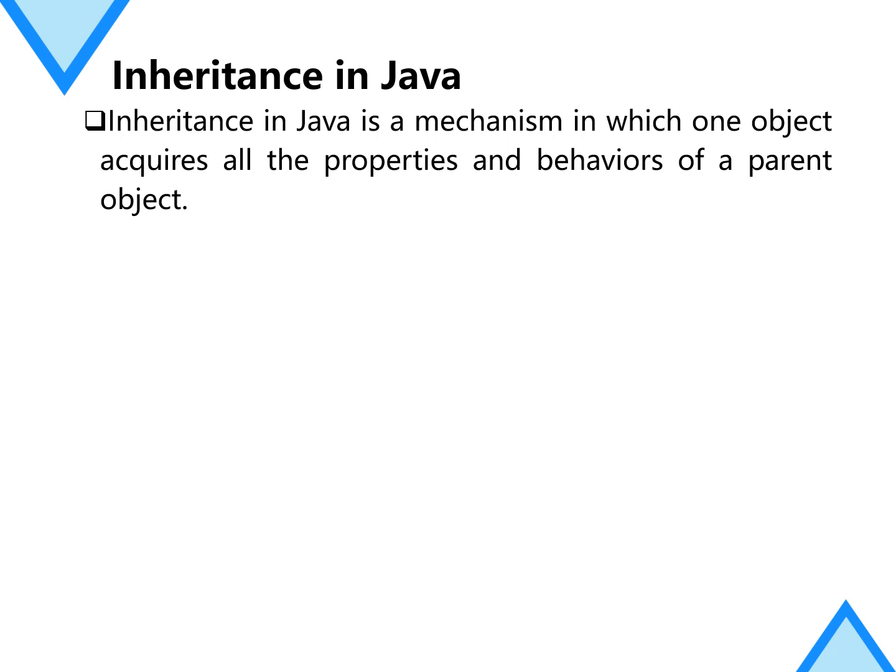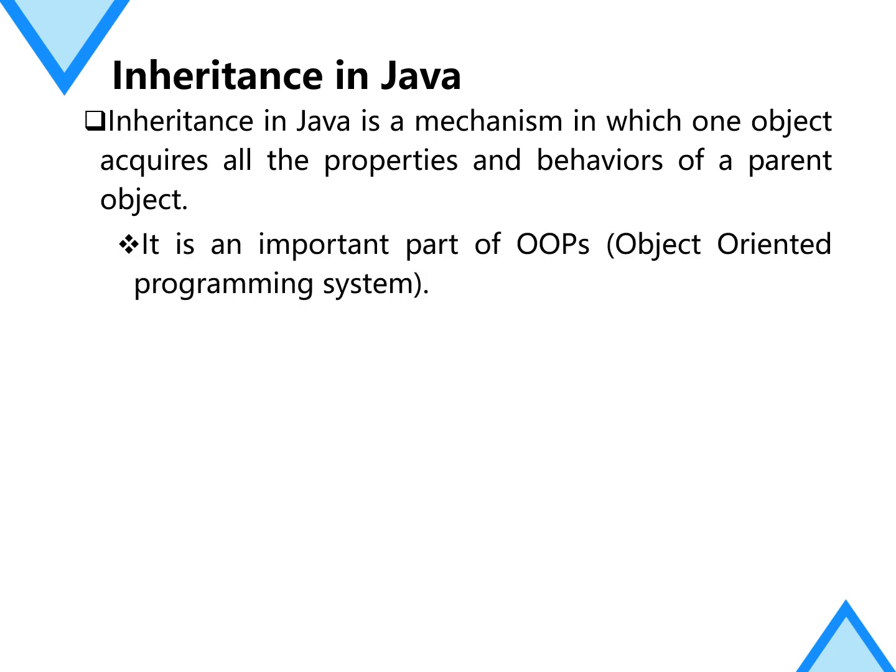Here in inheritance we extend the child class from the parent class, and through this mechanism the objects of the child class are capable of accessing both the member functions and data members of the parent class. It is one of the important concepts of object oriented programming and object oriented software engineering as well.